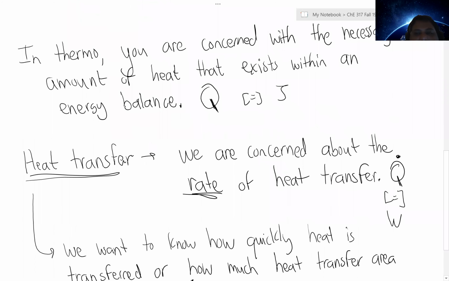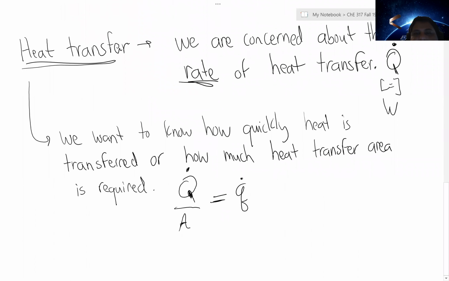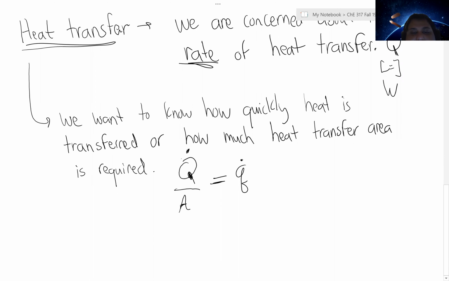And as we consider heat transfer, we're typically concerned about two things: the rate that heat transfer occurs, Q dot, or, in some cases, as we're interested in developing design expressions or trying to figure out how to design heat transfer equipment, what's the necessary heat transfer flux for a given process, which we can then use to solve for area and design our heat transfer equipment. We designate that flux as the heat transfer rate, Q dot, over area, which in this class I designate as a lowercase cursive q with a dot.